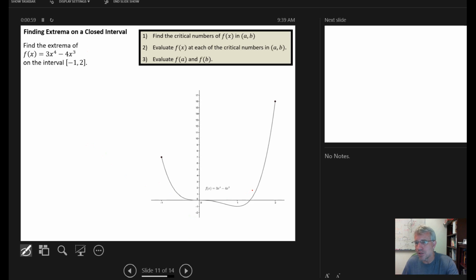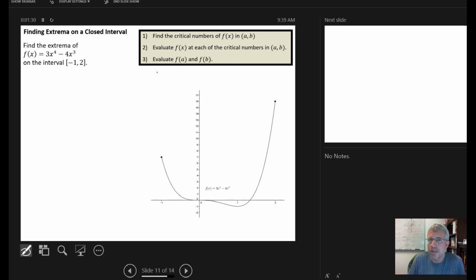As in the previous video, my suggestion is always to graph the function over the closed interval in which you're interested, and then visually identify the global minimum and the global maximum so that you know what you're looking for. It gives you an answer key for when you're doing your calculus and your algebra. If you make a mistake and it doesn't match up with what you're seeing in your graph, you'll know that you need to redo things.